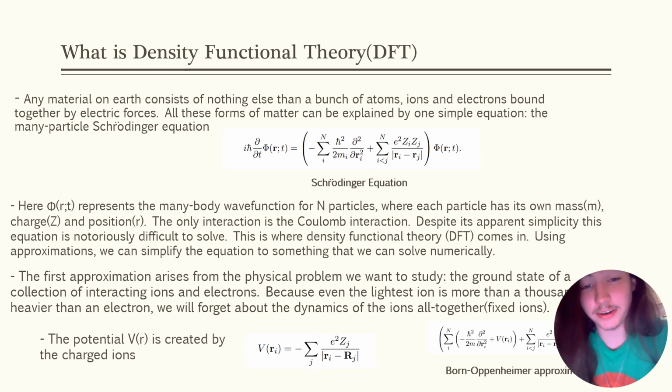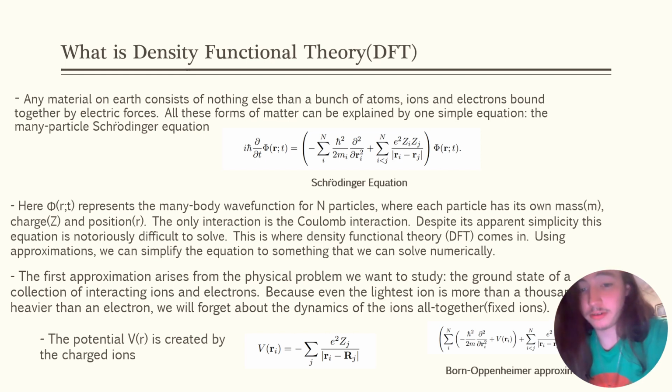So what is this theory? It has to do with quantum mechanics, which I haven't learned much of in school yet since I'm just going to be a junior in college. But from what I understand, it uses the Schrodinger equation, which sums up all of the ions and electrons in one equation, the many-particle Schrodinger equation, which is extremely difficult to solve.